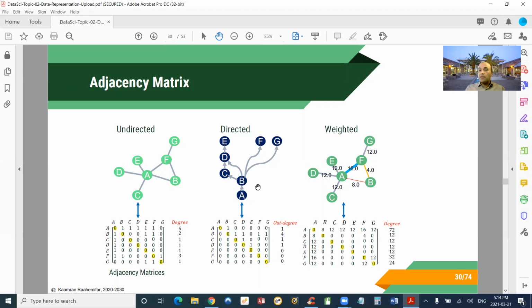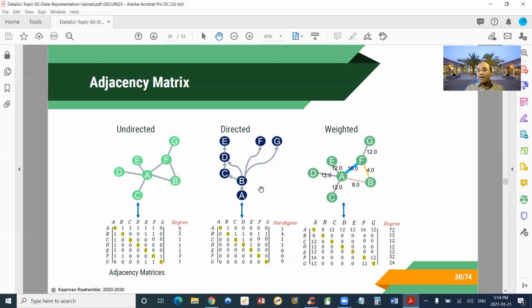At this time, we are assuming that none of the nodes are actually connected to itself. And as you can see, none of the nodes actually have a self-directed line. So that's why the diagonal component is going to be all zeros. A is not connected to A, D is not connected to D, and so on. This is my diagonal.